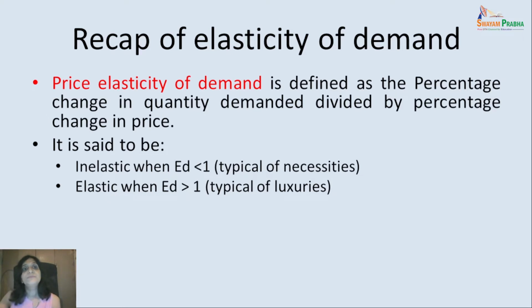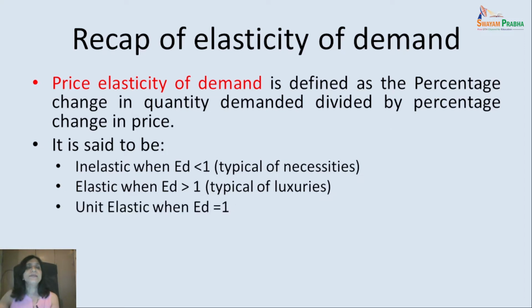For example, if the price changed by 1% and the percentage change in quantity demanded was 5%, this means the numerator, which is the percentage change in quantity demanded, is 5. The denominator, which is the percentage change in price, is 1. The elasticity of demand will be greater than 1. So whenever your answer of elasticity is greater than 1, we say it is elastic demand. And when does this happen? This is a very typical case of luxuries.